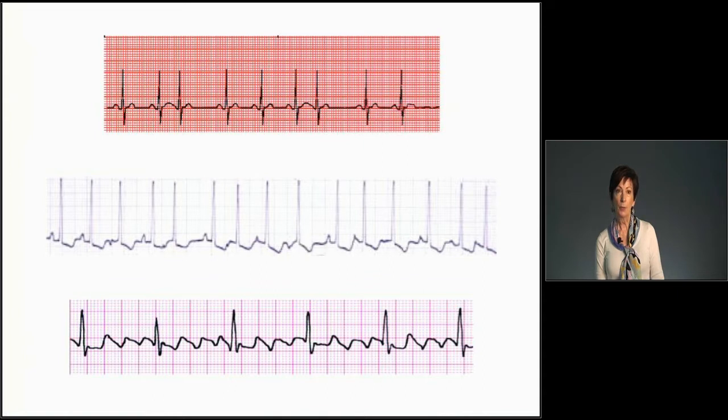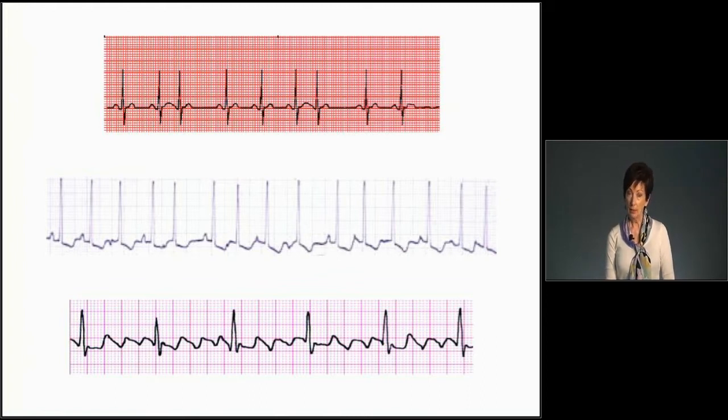All right, the first one is sinus rhythm with 2 PACs, the third QRS, and looks like the 7th QRS are PACs. And then the second one looks like multifocal atrial tachycardia.